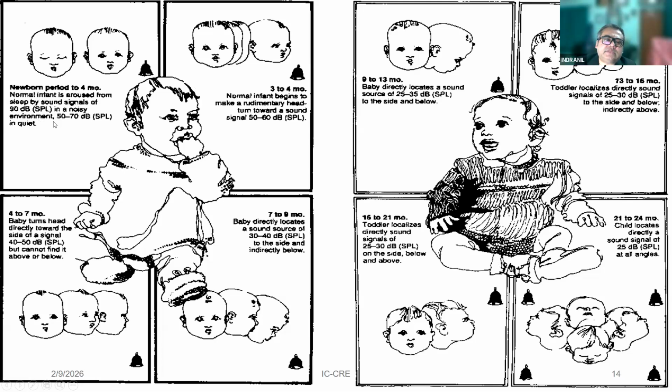A newborn starts responding at around 90 dB for loud noise, or 50 to 70 dB when quiet. Up to 3 to 4 months there is some head turn. At 4 to 7 months, gradually the head muscles develop, so they can trace the sound above and below. At 7 to 9 months, side by side, the baby indirectly locates the sound. 30 to 40 dB means less loud sounds.